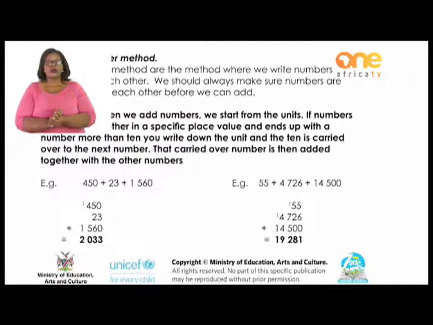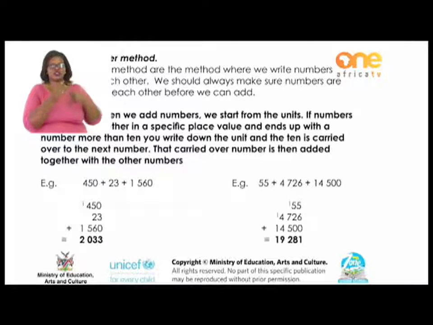Now let's add. 3 plus 0 is 3. Plus another 0 equals 3. Then 5 plus 2 equals 7. Plus 6 equals 13. Now we write down the 3 and we carry the 1 over to the 4. Then we say 4 plus 5 equals 9.